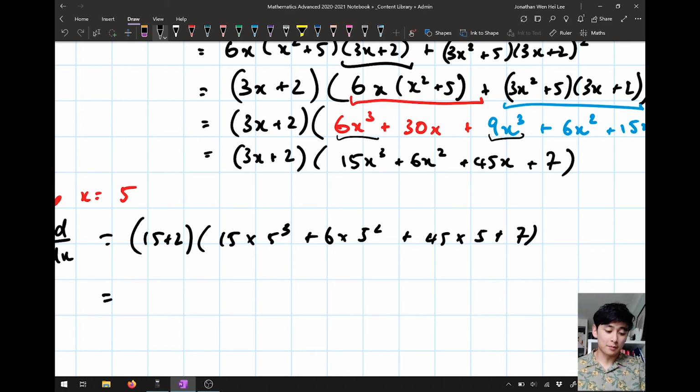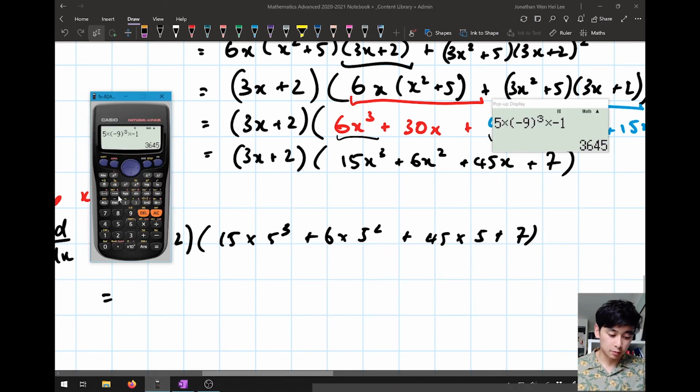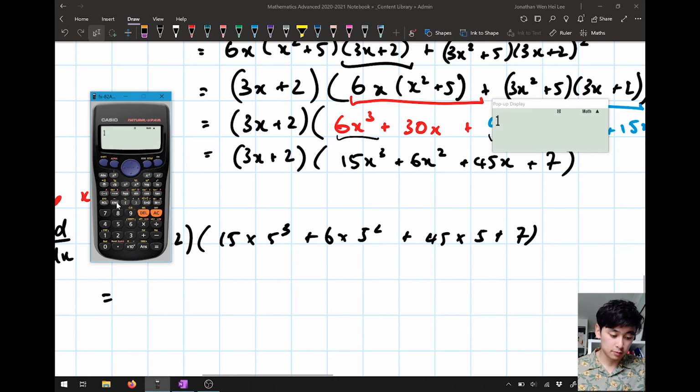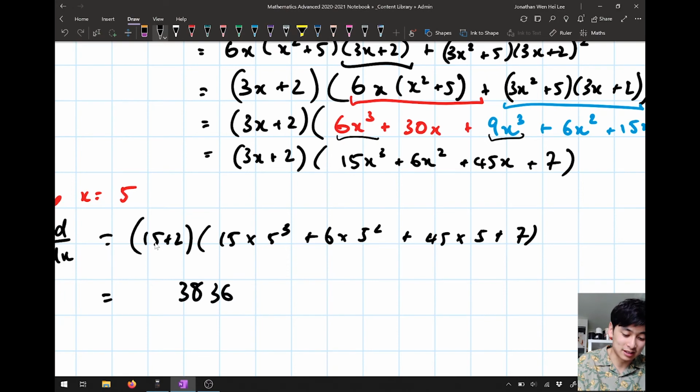Okay, let's put that in my calculator. The first part just becomes 17 times the bracket, 15 times 5 cubed plus 6 times 5 squared plus 45 times 5 plus 7, which gives 38,369.